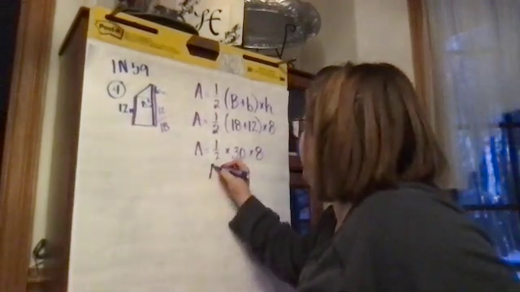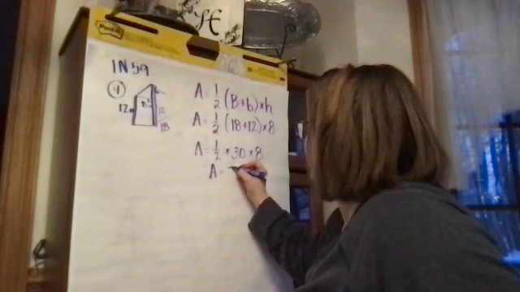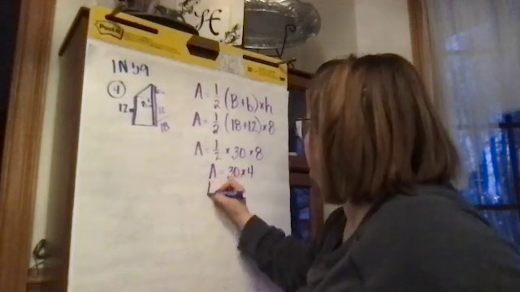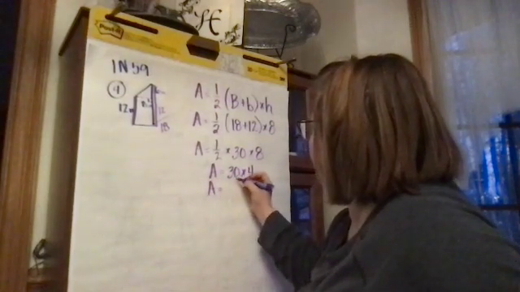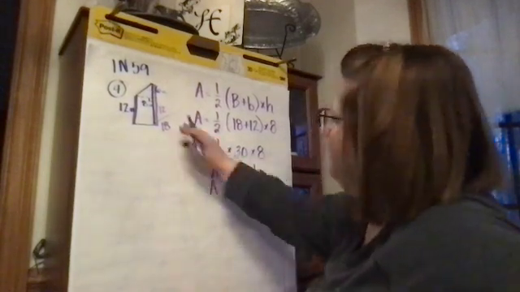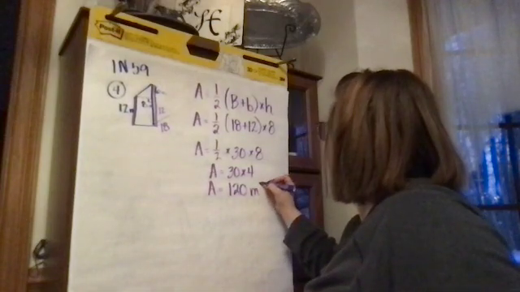I'm going to go ahead and do half of 8. Half of 8 is 4, so now I've got 30 times 4. Area is equal to 120, and this is meters squared.